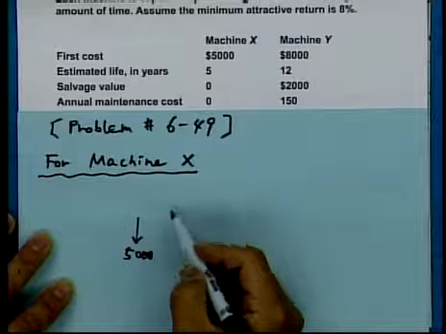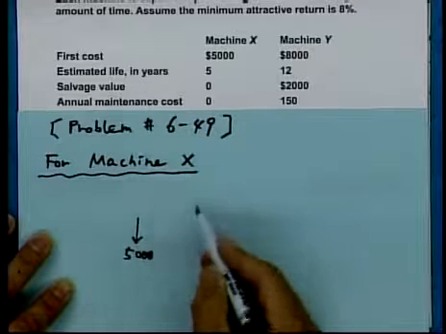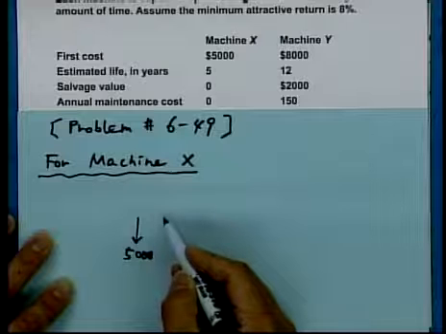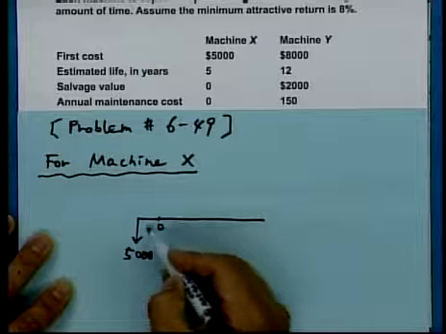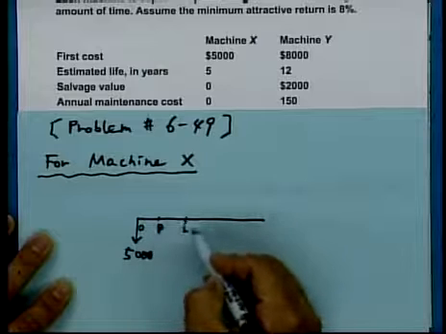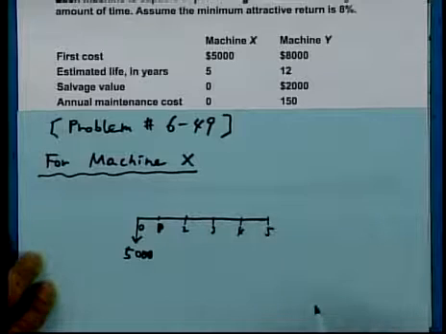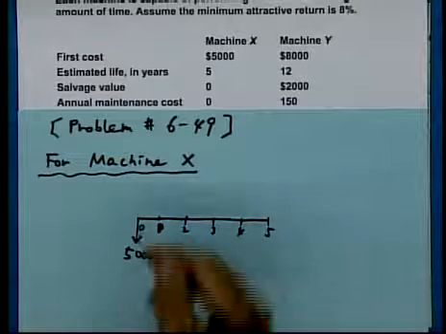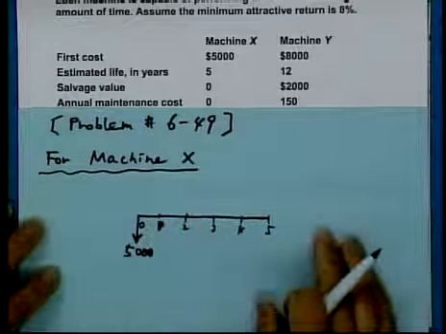There is no annual maintenance cost, and there is no salvage value after its useful life of 5 years. So, periods 0, 1, 2, 3, 4, and 5. Very simple cash flow diagram.